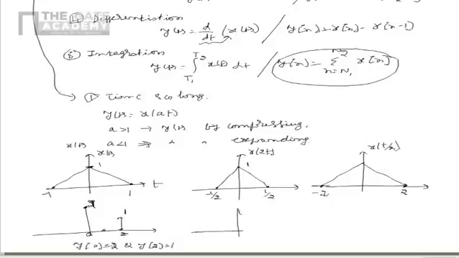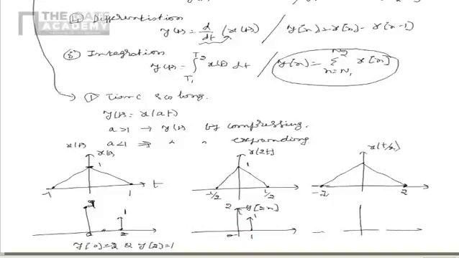In this case, we can write y of 2n as a compressed version of y of n, which will have the values 2 and 1 at the instants 0 and 1.